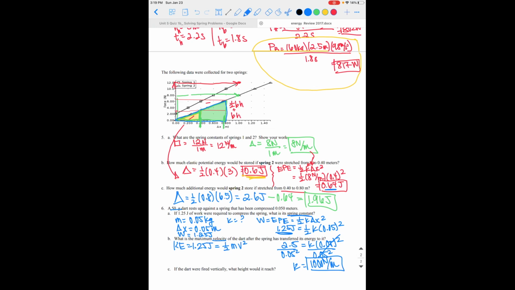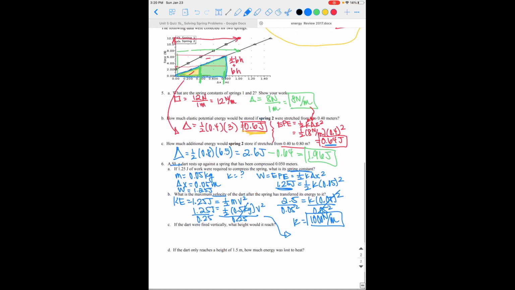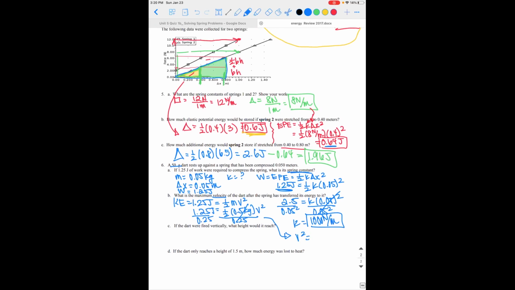They gave us our mass, which we didn't need for part A, but now we need it for part B. And we are going to divide by half of 0.5, which is 0.25. And we end up getting a value, I'm going to move it down here. Velocity squared is equal to 5. Take the square root of both sides, and you end up with 2.24.